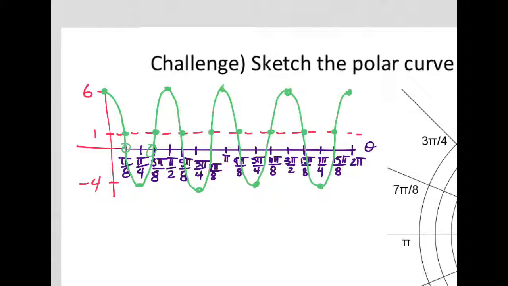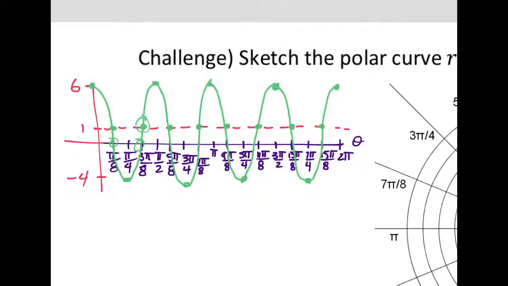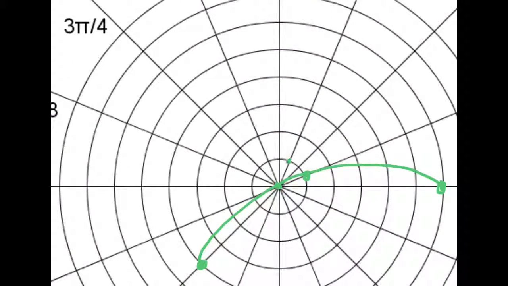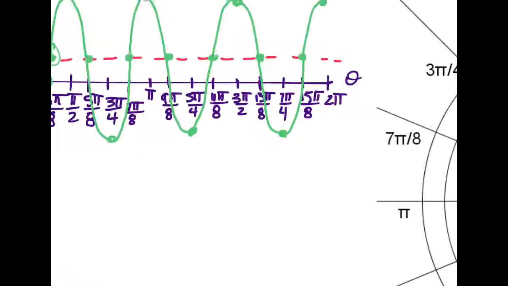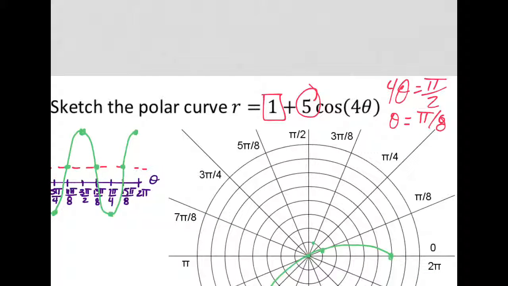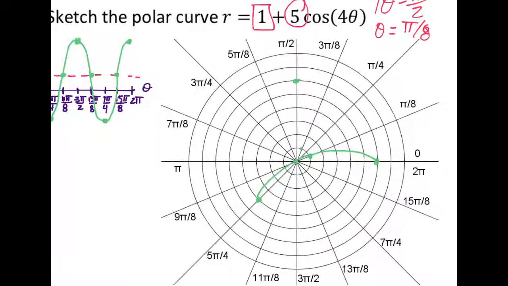Cross the pole again after that point and then go to the 1 at 3 pi over 8. So at 3 pi over 8, I'm going to hit that 1 right there. To get there, I'm crossing the pole, and then where am I going to go? Well, at pi over 2, I'm up at 6. So now I'm going to this point up there from down here.